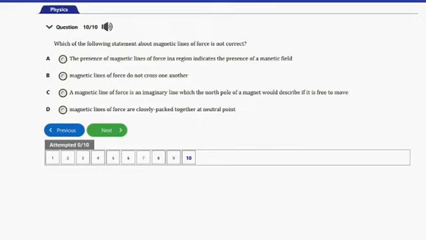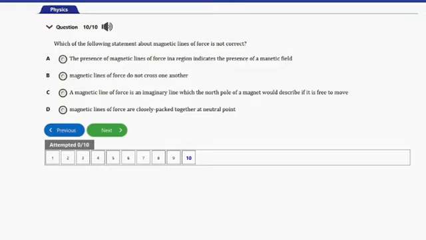So the next question here is question number 10. It says, which of the following statements about magnetic lines of force is not correct? We have A, the presence of magnetic lines of force in a region indicates the presence of a magnetic field. B, magnetic lines of force do not cross one another.